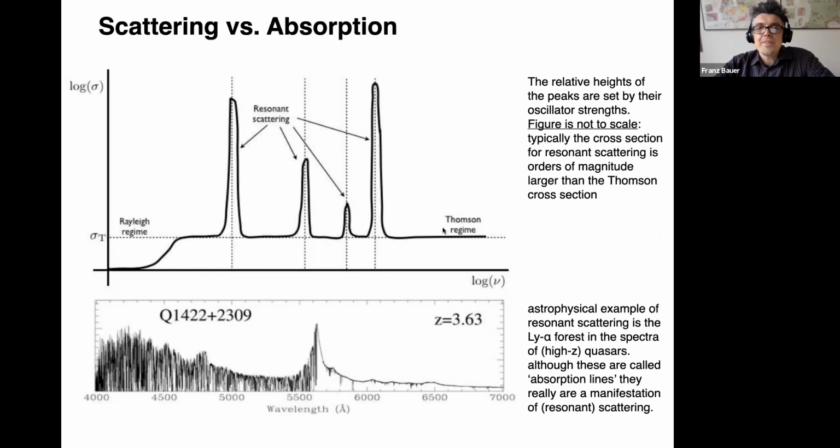And so this situation is actually embodied in something like this. So this is a Lyman alpha forest spectrum of a high redshift quasar. And what you're seeing here is this absorption, right? You have photons which are traveling through space. Initially they were at a higher energy than Lyman alpha, and as they travel through space, they get redshifted down towards Lyman alpha.